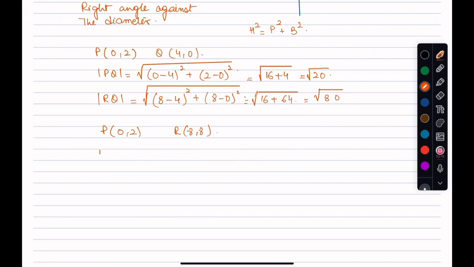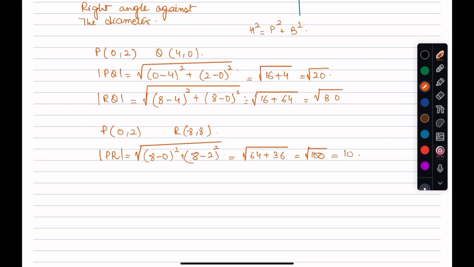If I find PR, then this is going to be the square root of (8 minus 0) squared plus (8 minus 2) squared, and this would give me the square root of 64 plus 36, which is equal to the square root of 100, and that equals 10.